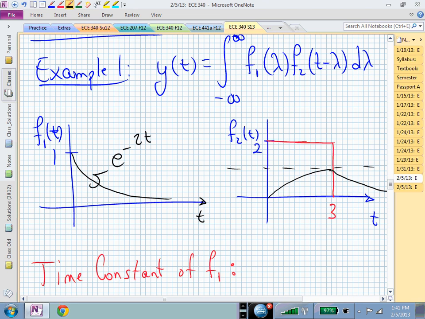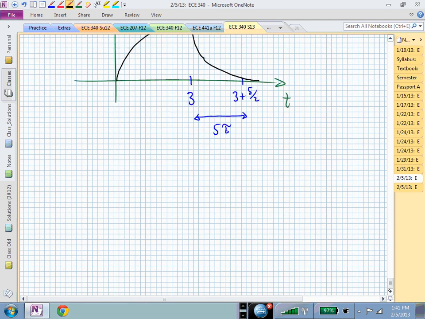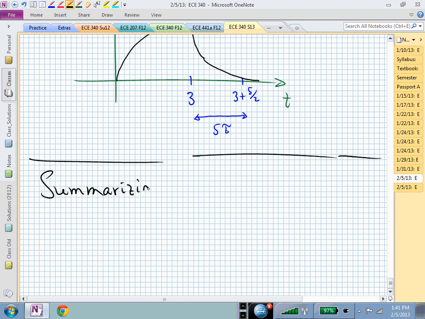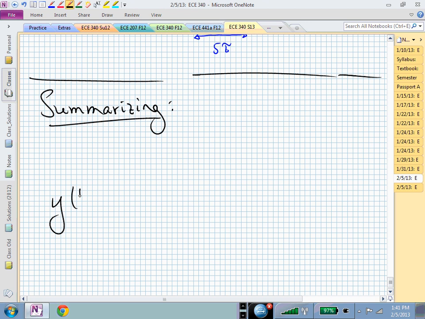If we summarized what we've done for this example, we could now collapse this down and say, maybe I should really summarize what we've just determined. And we now have y of t made up of 3 pieces, don't we? We have a piece where it's 0.